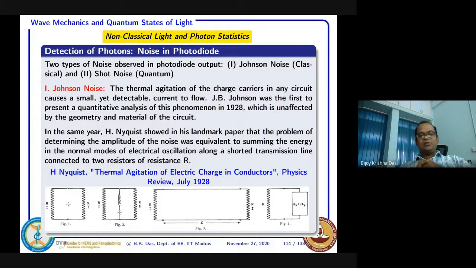Now the question is, if it is balancing, you will not be able to measure, right? So for any conductor, if you connect any two terminals, you know that one current is flowing in this direction, another current is flowing in the opposite direction. So this is balanced. You won't see any current or potential difference across that.